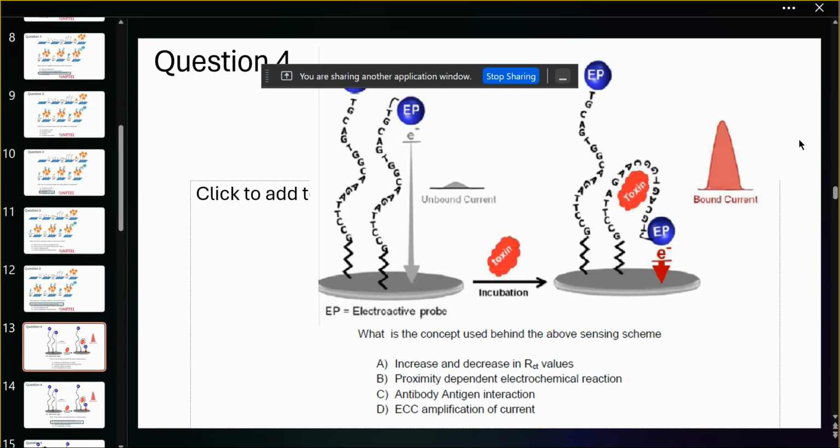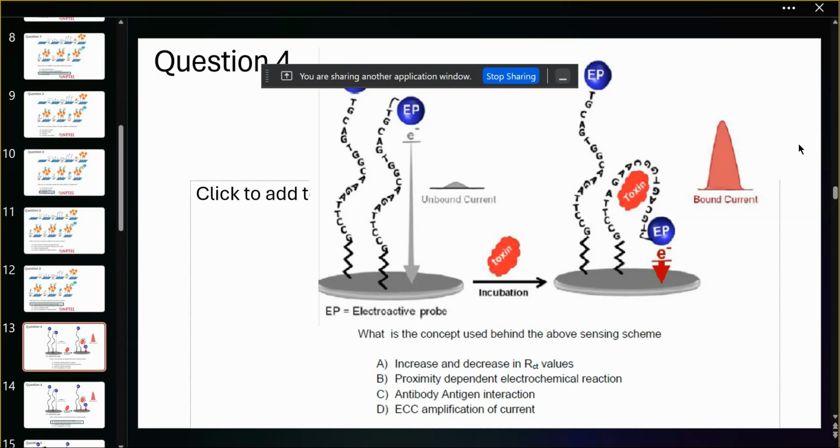If it was, per se, the previous reaction where there was just streptavidin, there was no electroactive substance there. Just take this case of toxin in the previous setup.